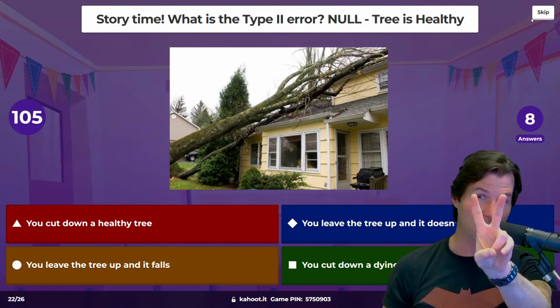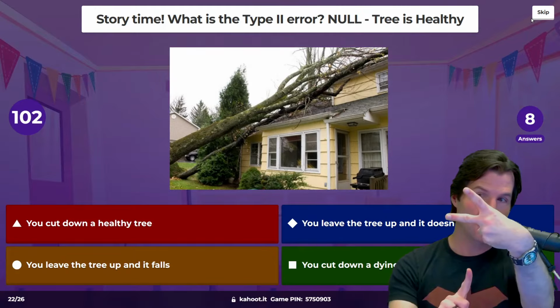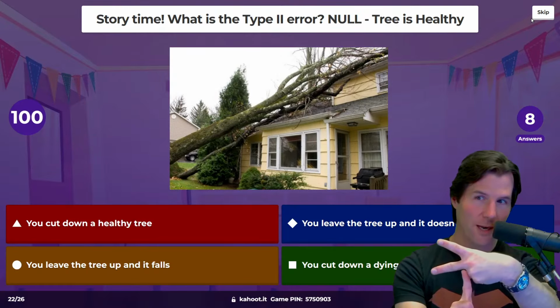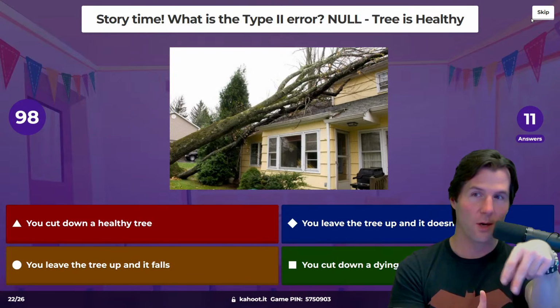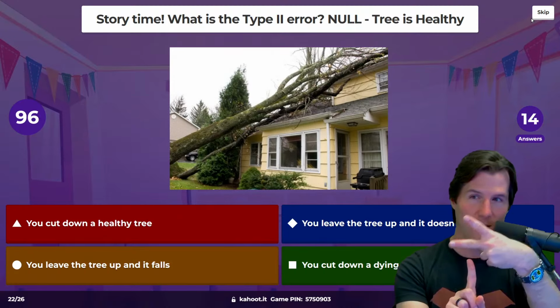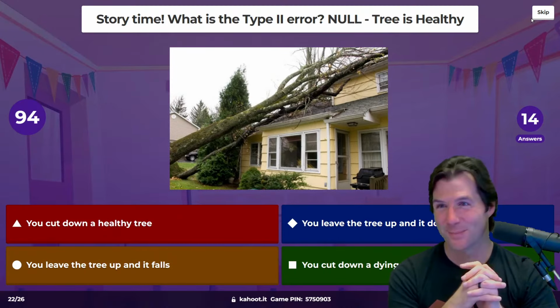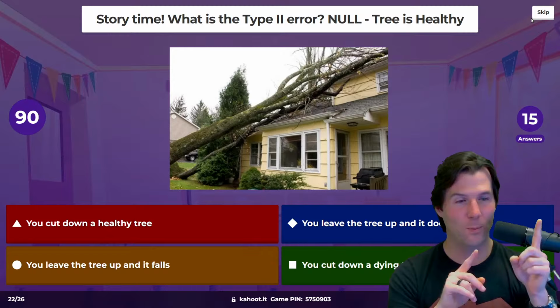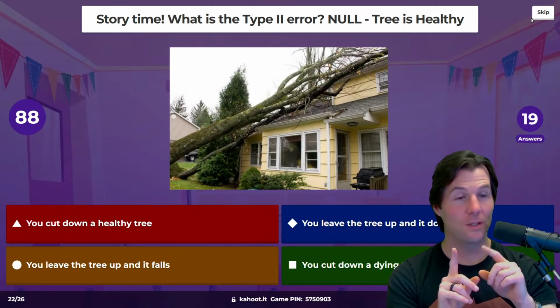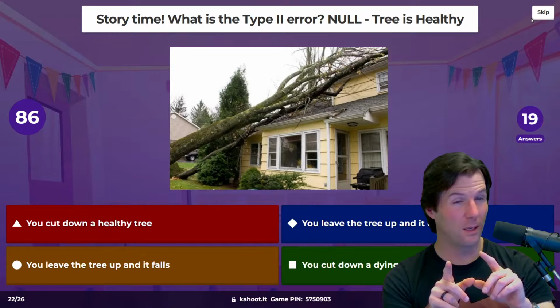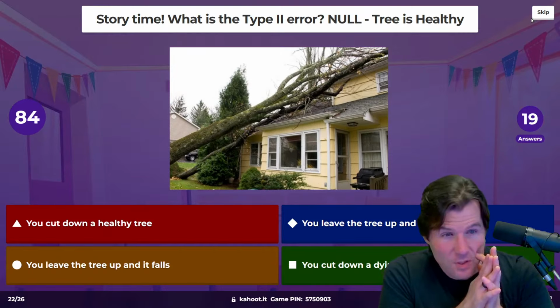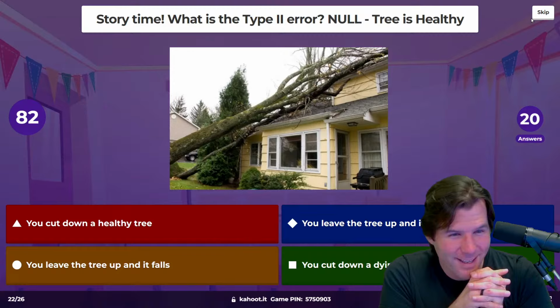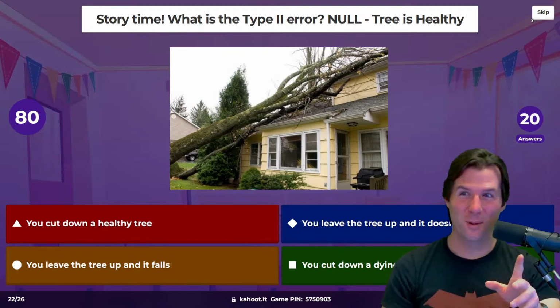And notice that this is a 2, and this is an F, and this is another F, because in the type 2 error, we say this word twice. Well, it's kind of not the same word, but the word starts with F. In a type 1 error, the null is true.